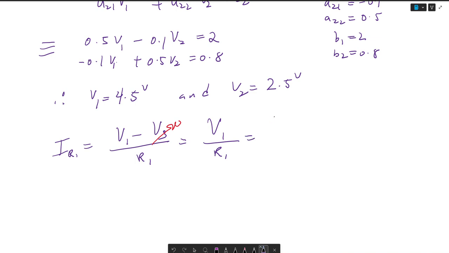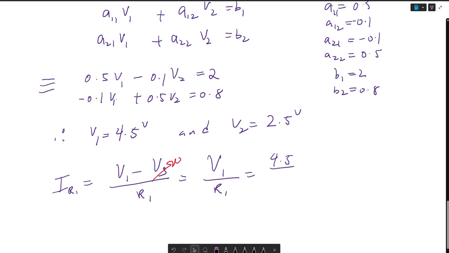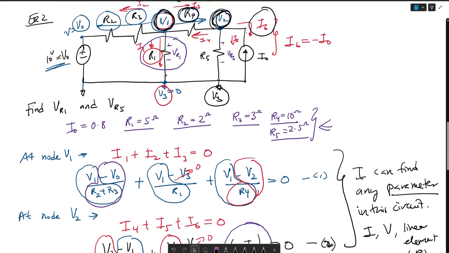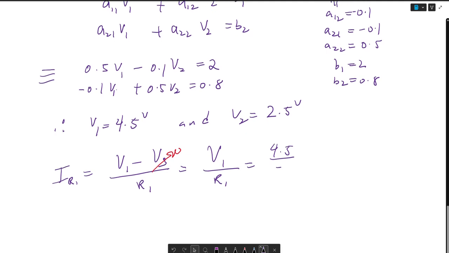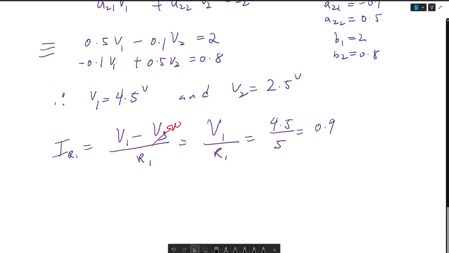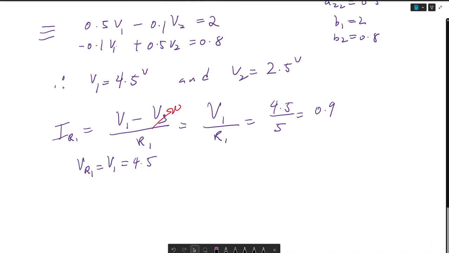So then we could consider this is 4.5 over, we said R1 was 5, which is then equal to 0.9. Again, VR1 is just equal to V1, by the way, which is 4.5.